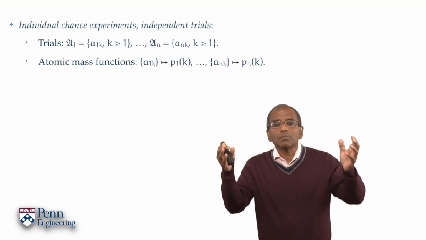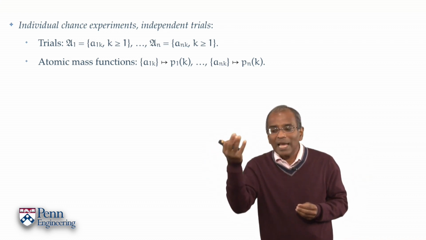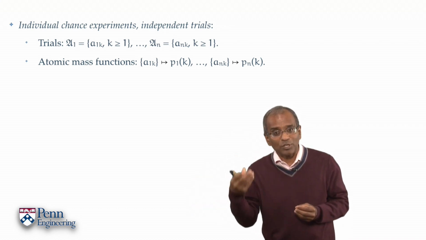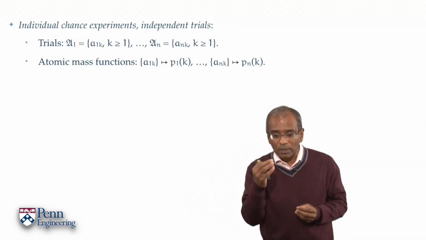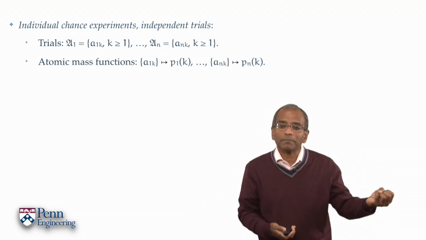We now have a system of independent trials. Each trial has got an alphabet of possibilities and a mass function attached to it. These mass functions individually have to be non-negative. They have to add to 1.